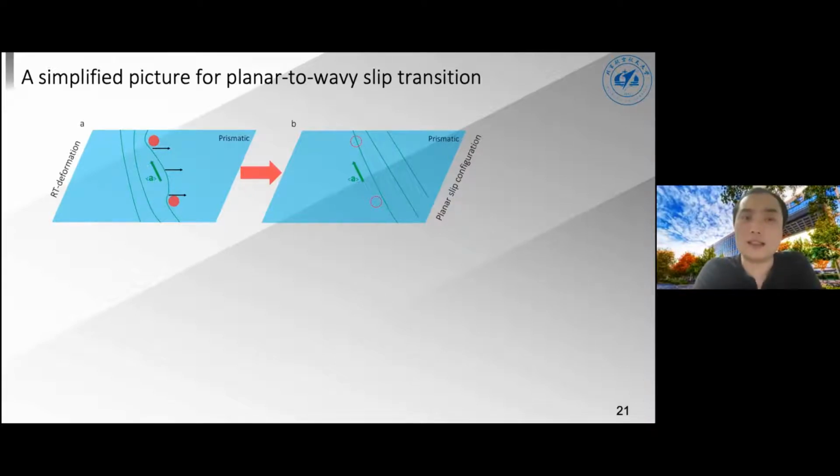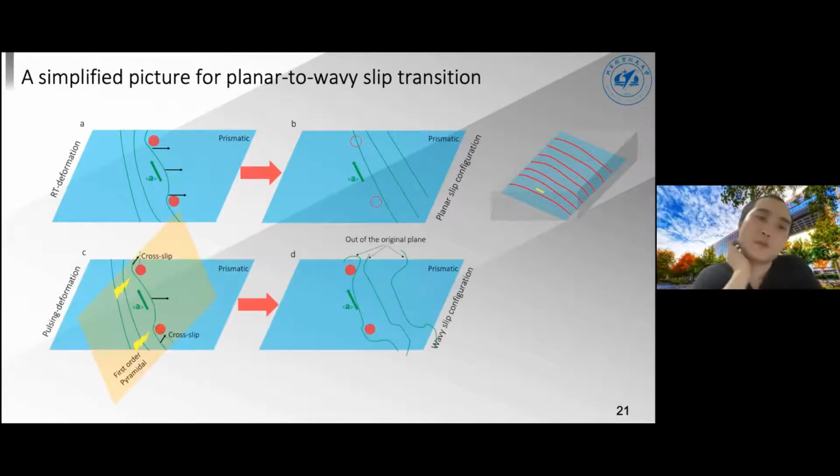And as a result, it will lower the critical resolved shear stress required to activate dislocations on that particular slip plane. And therefore, the following dislocations will tend to get onto that plane. This is called slip plane softening, and it eventually leads to a two-dimensional planar slip.